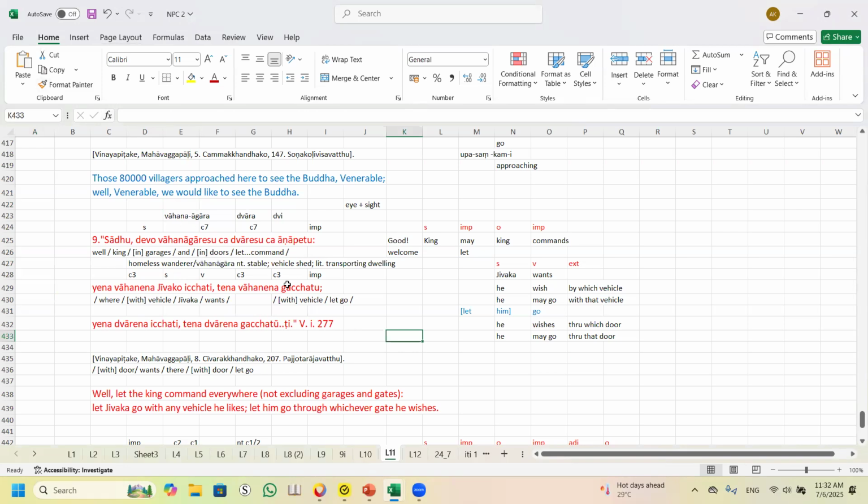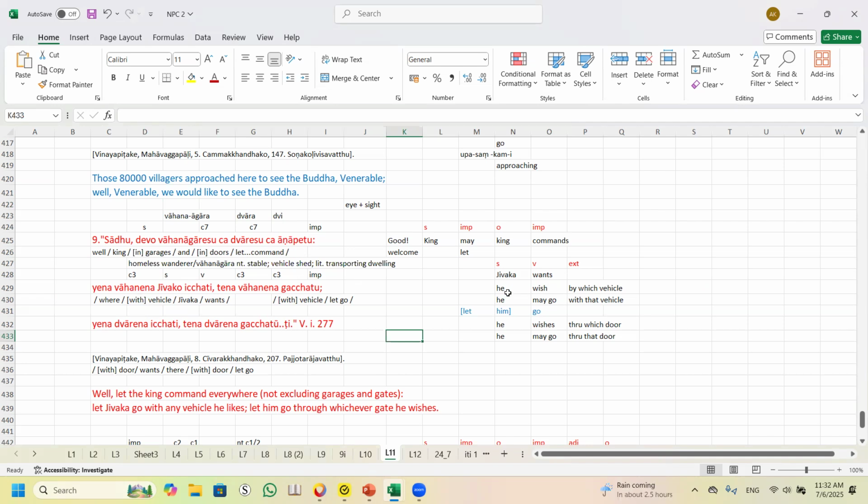Next line. Can you see this is the subject, this is the verb, this is the subject. Okay, Jivaka. This is Jati one. Can you see the word here, Vahana? That means this is the one vehicle.